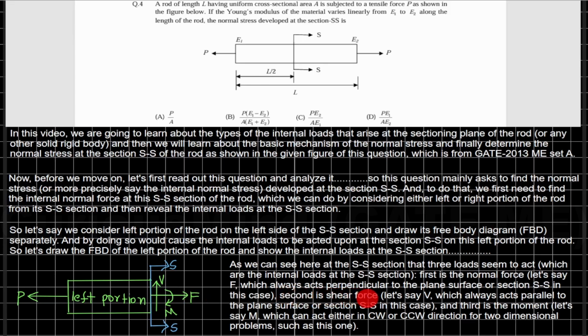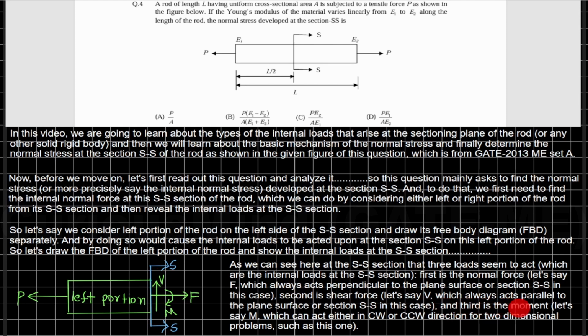Second is the shear force, let's say V, which always acts parallel to the plane surface or section SS in this case. And this shear force V acts parallel to the SS section. Alright, and that is why it becomes the shear force, because it acts parallel to the SS section.